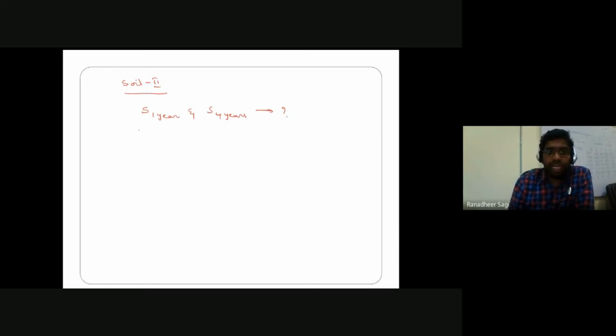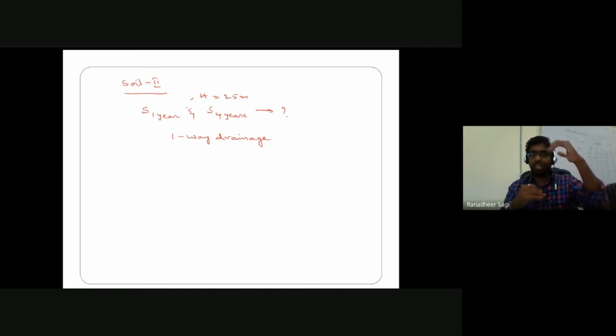If I want to calculate the settlement after 1 year and 4 years in the soil strata, how do I calculate it? What is asked is with one-way drainage only. So for a soil with a thickness of 25 meters of clay strata, I want to calculate after 1 year and after 4 years how much is the settlement with one-way drainage existing. So how do we go ahead?